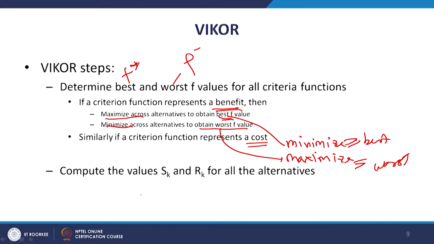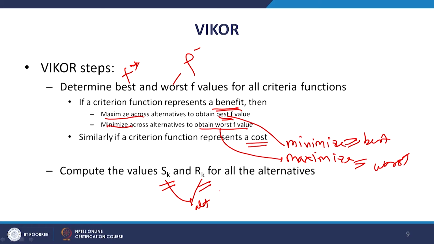Now, let us talk about the next step. Once we have these best and worst F values, F asterisk and F minus, computed as part of the first step, we can go ahead and plug these values into the expression that we saw for Sk and Rk. We are going to compute the values Sk and Rk for all the alternatives, where k stands for alternative, as we talked about.